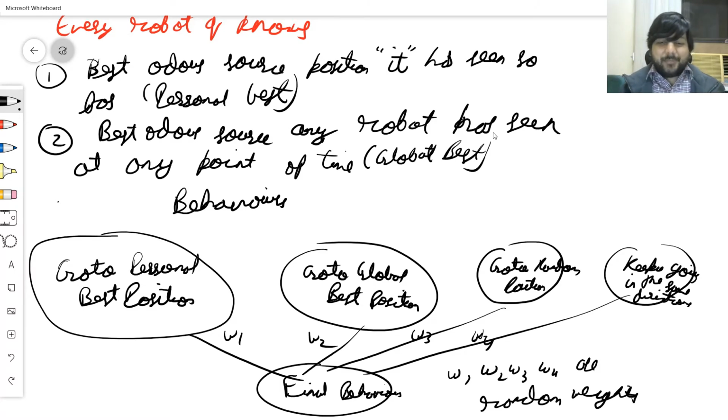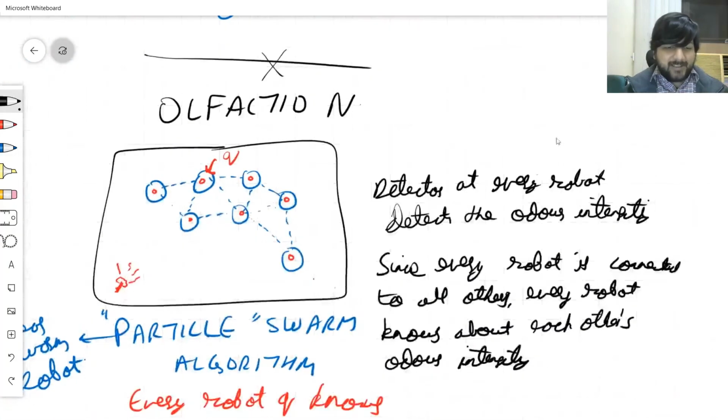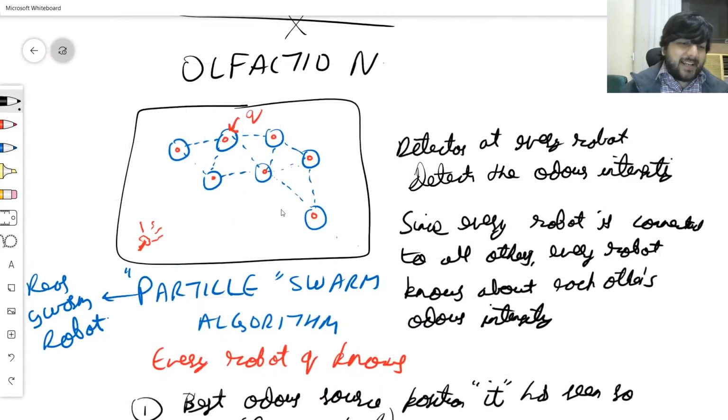Now, I'll not stress much upon particle swarm optimization for now. That's a separate lecture, but that's exactly what happens. This particle saw something good over here. It wants to go here, but then there's also this particle which has a good odor value. That's the global best. So this particle instead wants to go over here. This one is a bit confused whether to go to its personal best, or to go to the random one, or basically keep going in the same direction.